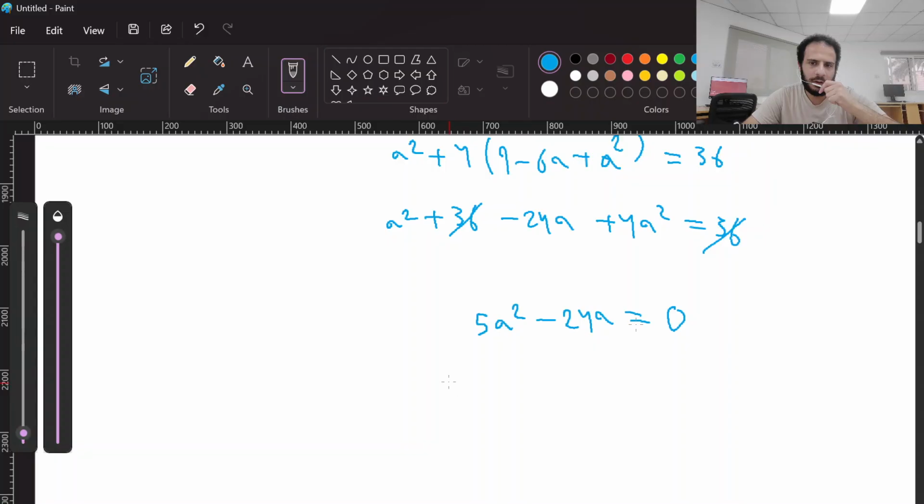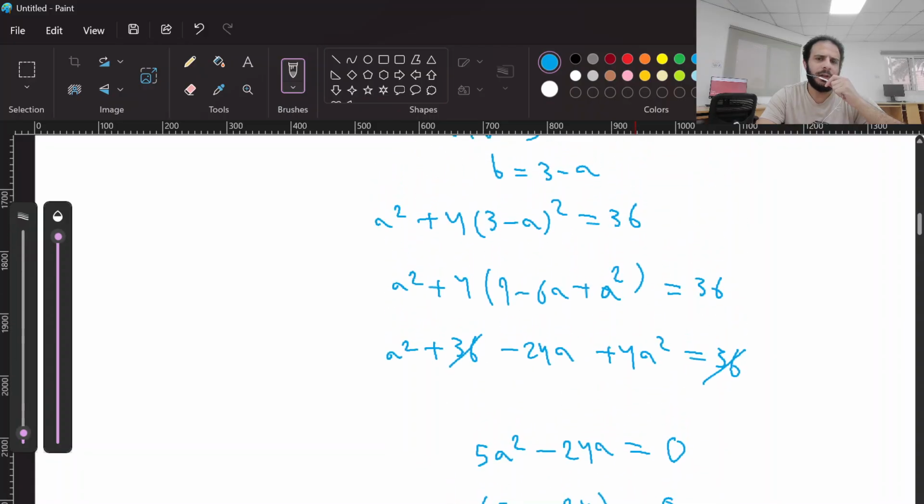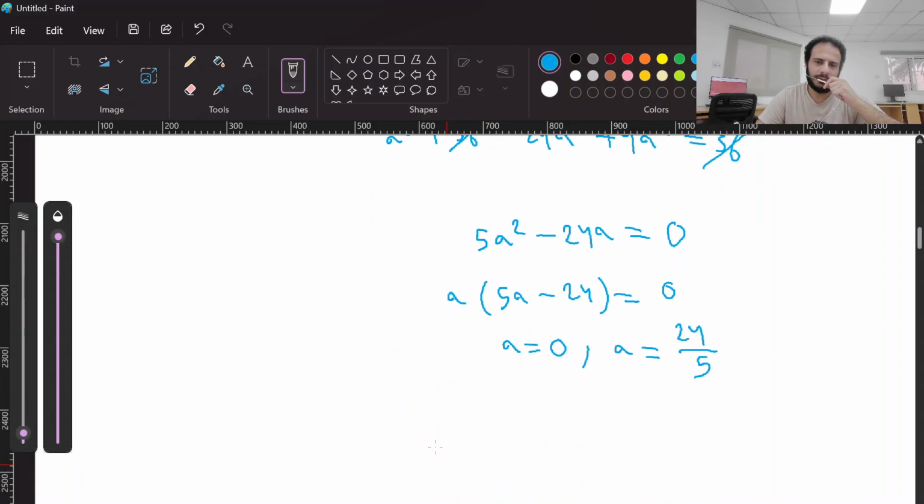So we get a times (5a minus 24) equals 0. We get a equals 0. And we also get a equals what? 24 over 5, right? 24 over 5. What's the value of b? b equals 3 minus a.